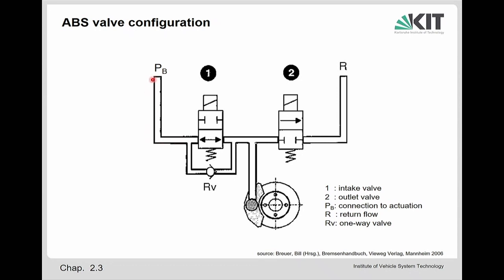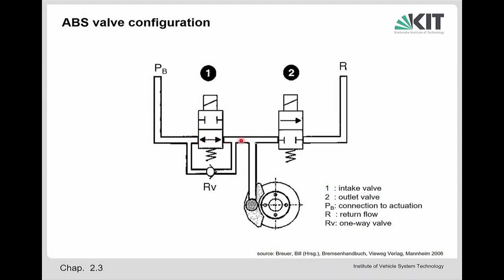Now, in standard operation or in moderate braking, if there is no emergency case, then the driver just presses the brake pedal. This creates the brake pressure in the main brake cylinder, and this is transferred by this line through that valve, which is normally open, as you can see indicated by this double arrow.